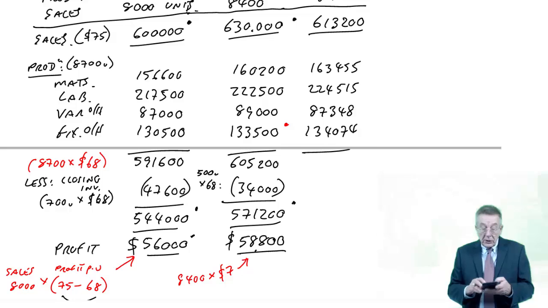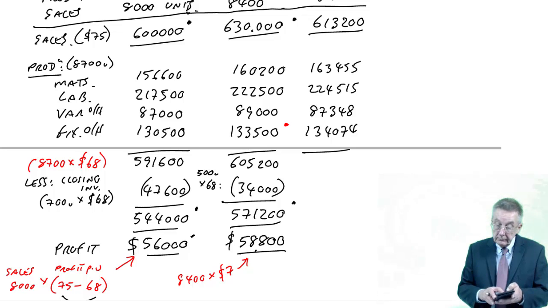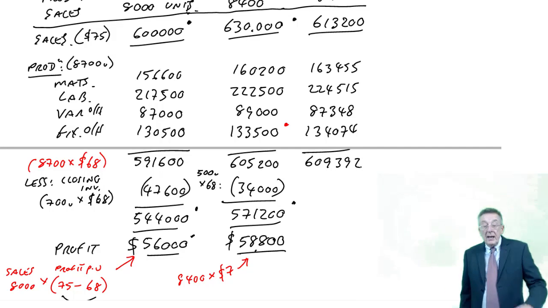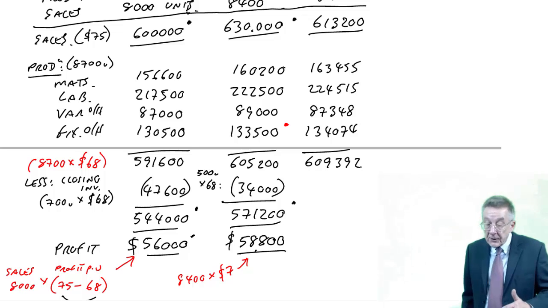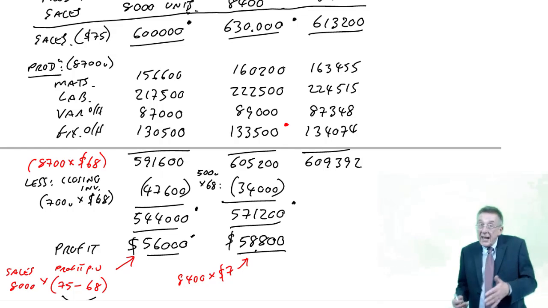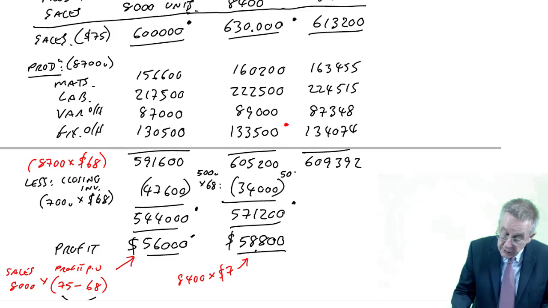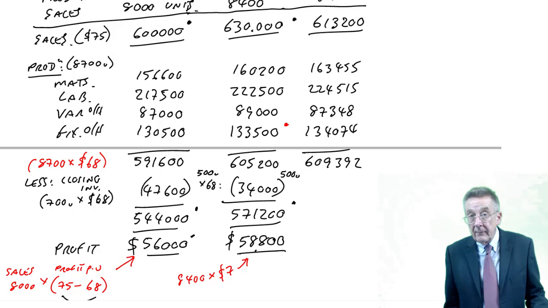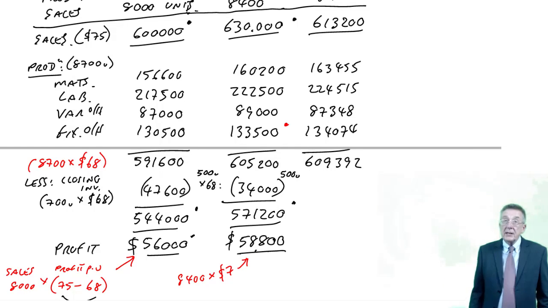And so the actual total cost of production is 609,392. I hope I've got my arithmetic right. But again, that's the cost of producing 8,900. To get the cost of the 8,400 that was sold, we need to subtract the closing inventory. And quite importantly, with variance analysis, we value the closing inventory at standard cost.